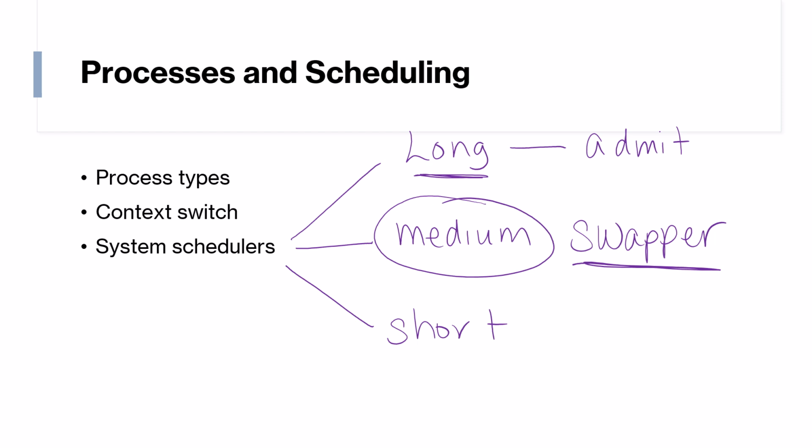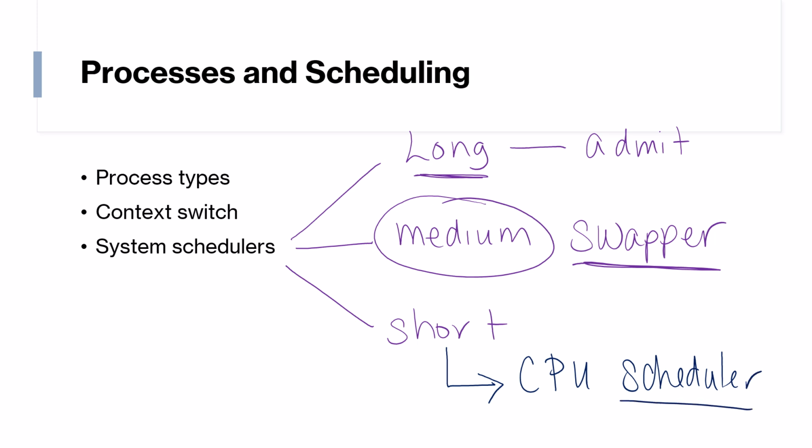Not all operating systems have a medium-term scheduler, but all systems, even if they go first come, first serve, have a CPU scheduler. So in this unit, we're going to talk about different CPU scheduler algorithms, how to evaluate them, and how to do calculations to compare them. So let's get started.